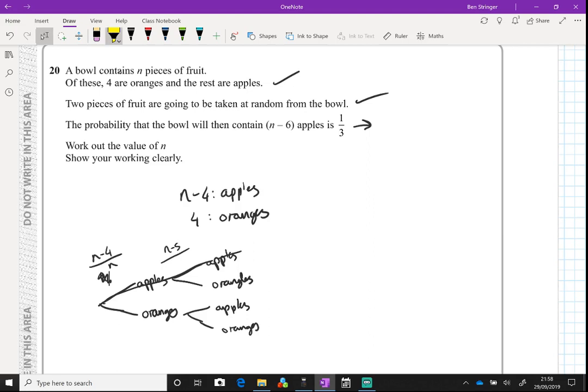That's the branch we're going for. You'd have to think about the other branches, but it doesn't really serve much of a purpose here. Remember, moving along probability trees, you have to multiply to find probabilities. So n take away 4 over n multiplied by n minus 5 over n minus 1. So this probability is equal to 1/3.